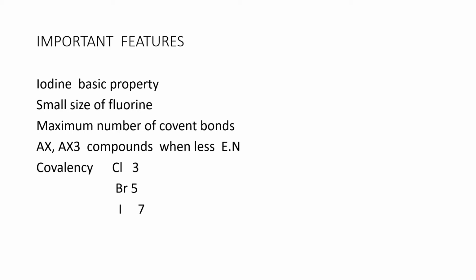In AX3 type interhalogens, the cation shows +3 and the anion shows -3 oxidation number. In AX5 type, the oxidation number is +5, and in AX7 it is +7.